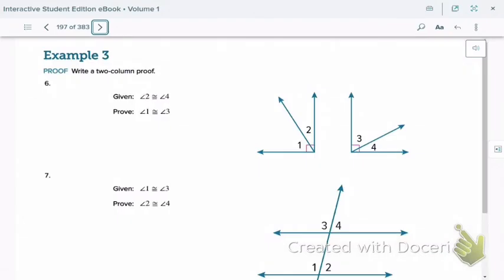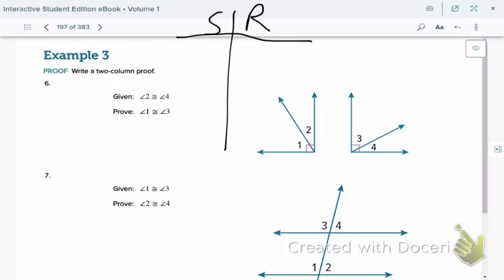All right, number 6, 2-column proof. Here we go. How do you do it? I mean, what do you start with? State the given. Everybody should be able to set up a 2-column proof.